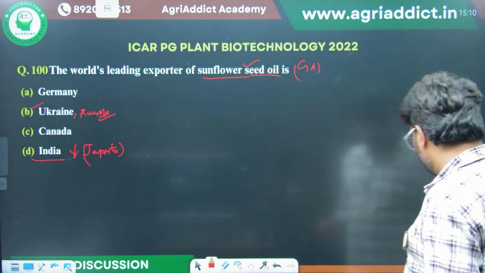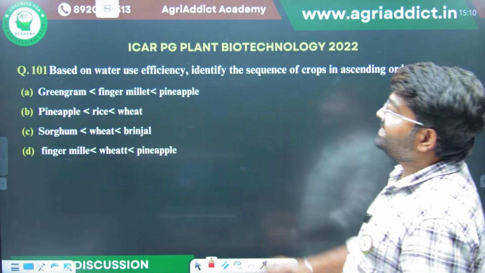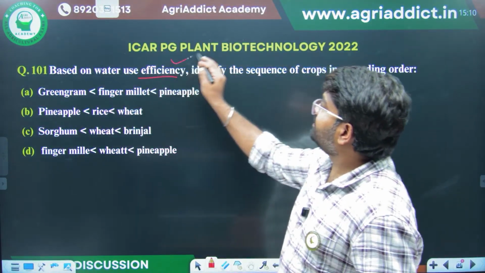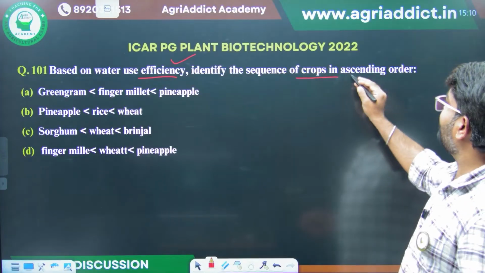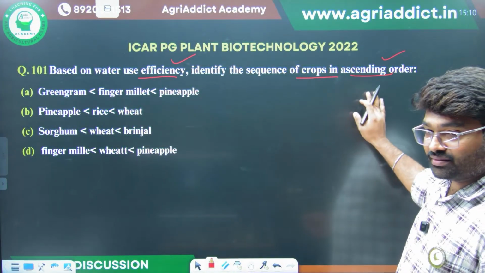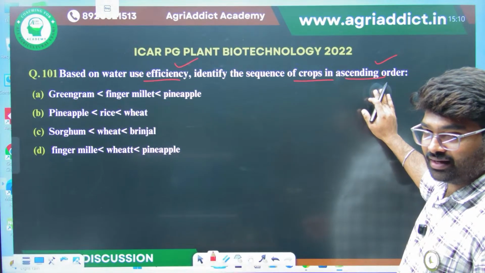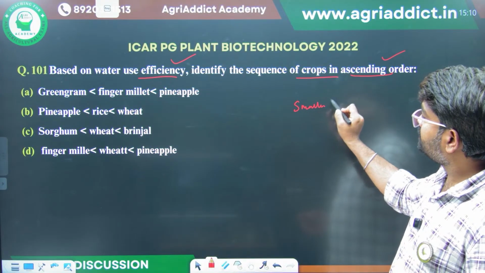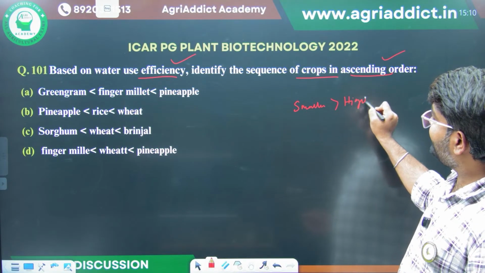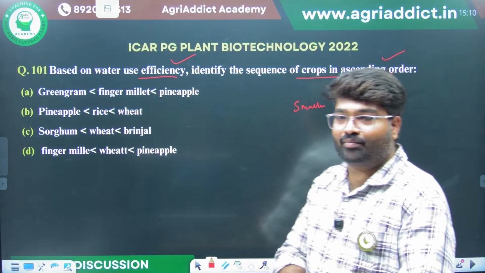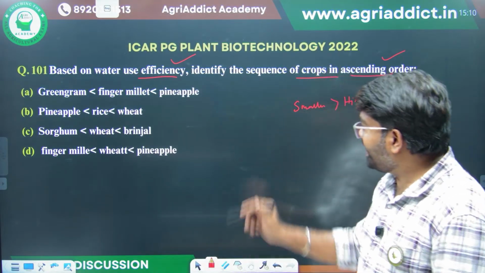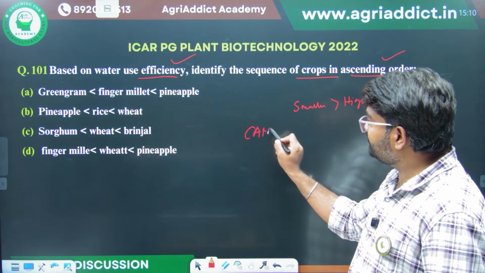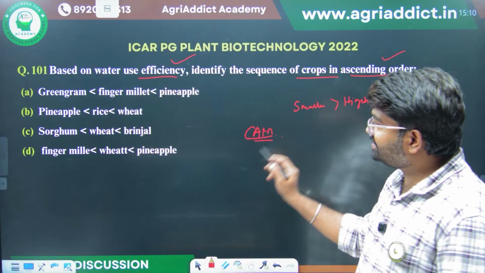Based on the water use efficiency, identify the sequence of crops in ascending order. They are saying, question itself, ascending order, from smaller to higher. Which will have the higher water use efficiency, C3, CAM or C4? We know CAM will have higher water use efficiency, so CAM should come at last.